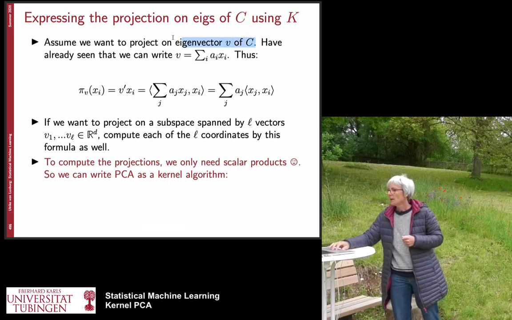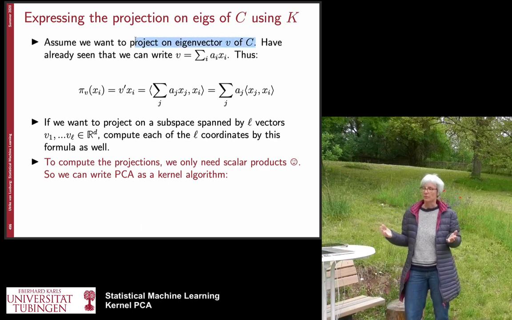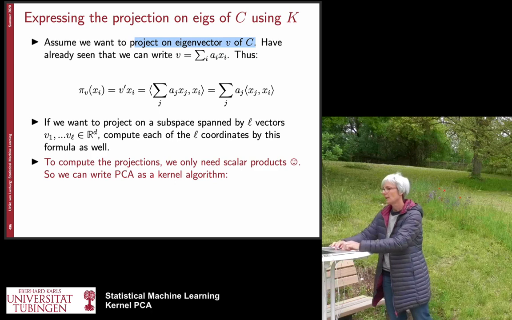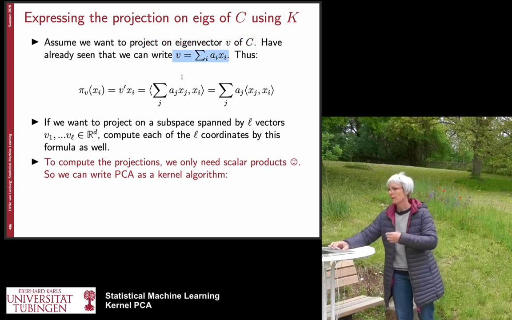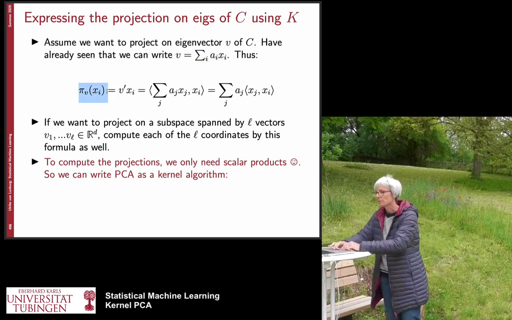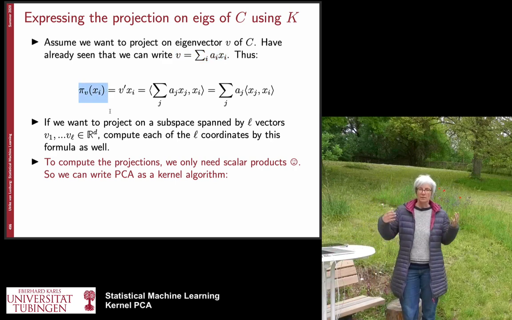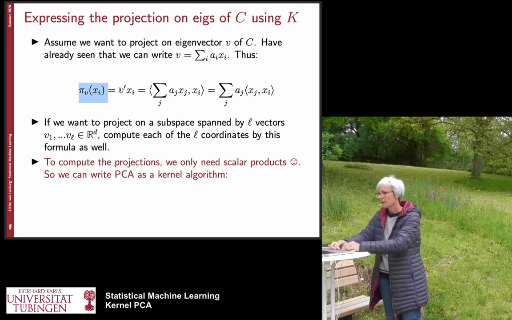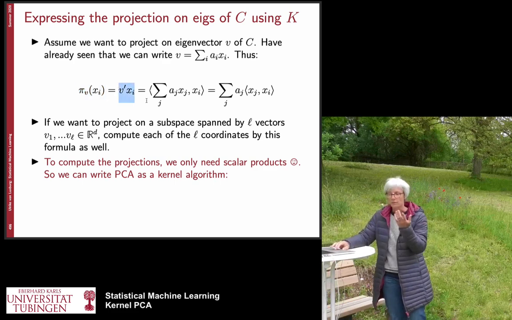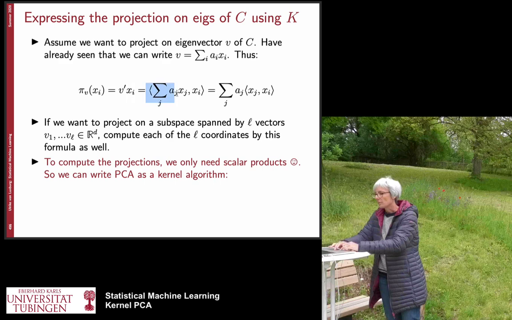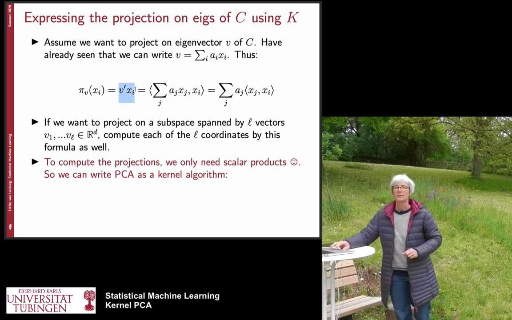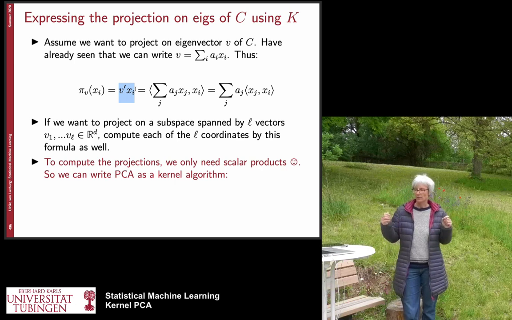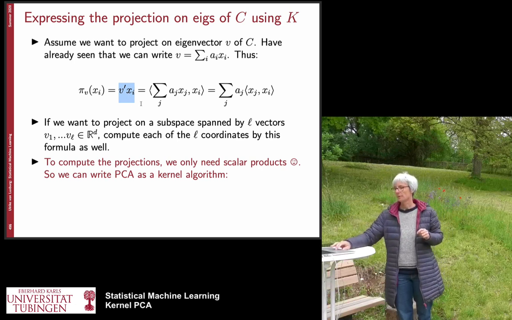So assume we want to project on an eigenvector of the covariance matrix. We have already seen this kind of expression a couple of times on the slides. So how does the projection look like? The projection on the vector v of some other data point x_i is defined as v transpose x, and now we can plug in the definition. You can also write this as the scalar product of v with x_i.